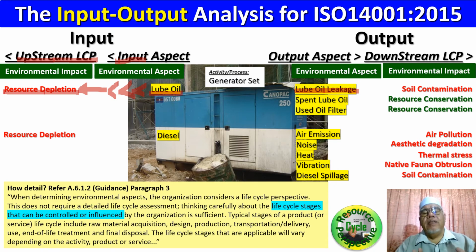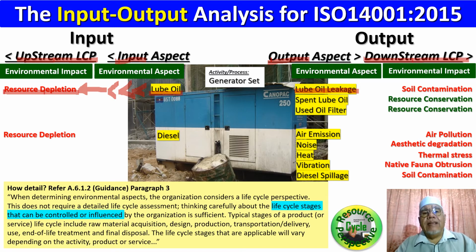Yes, of course, I think you know mechanical engineering is all about vibration, etc. Lube oil leakage is an output environmental aspect. So what sort of environmental impact does it cause? We take a look at what happens to it next. Therefore, we are actually looking downstream from its life cycle perspective.